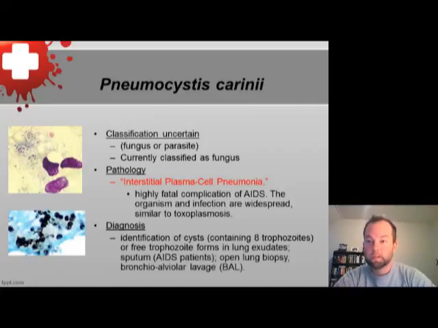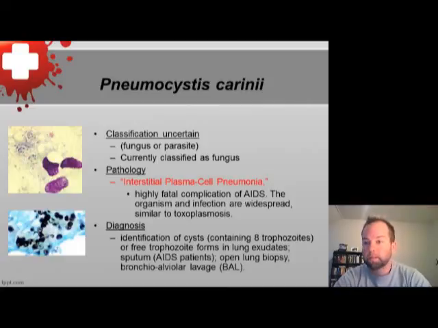The organism is widespread, and similar to toxoplasmosis, the body does a good job of regulating the infection, and those that have a compromised immune system are at greatest risk for developing the pneumonia. Diagnosis of Pneumocystis carinii is through identification of the cysts containing the 8 trophozoites, or the free trophozoite forms in lung exudates, sputums, open lung biopsies, or bronchoalveolar lavage samples.